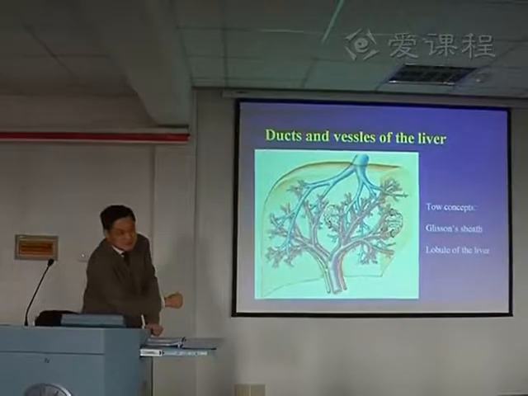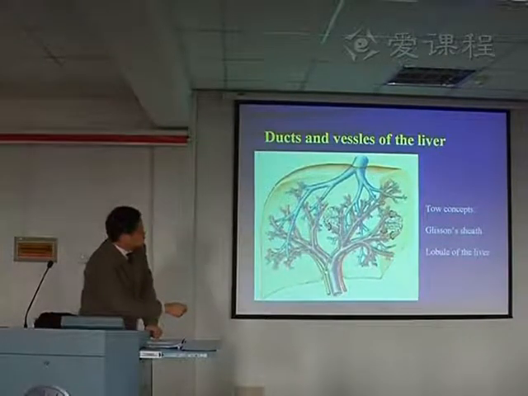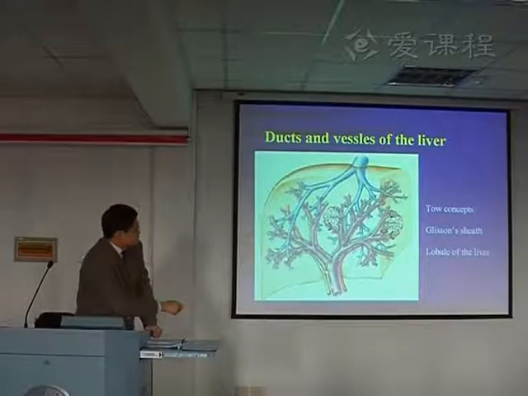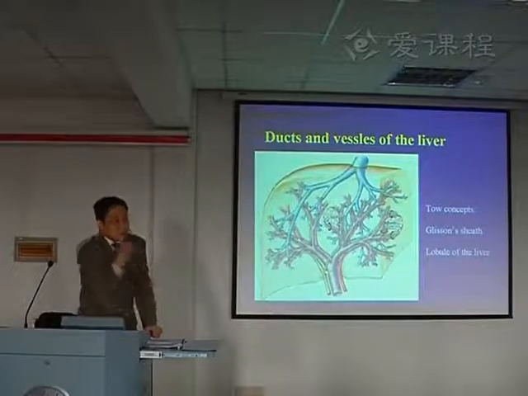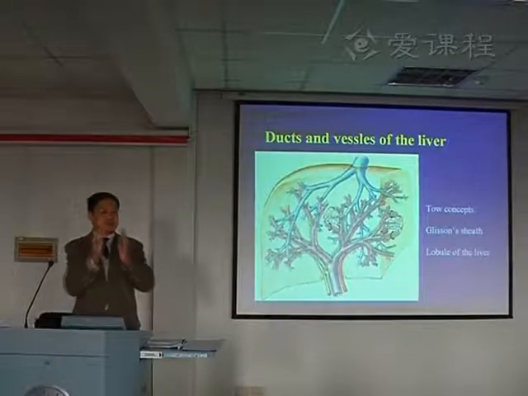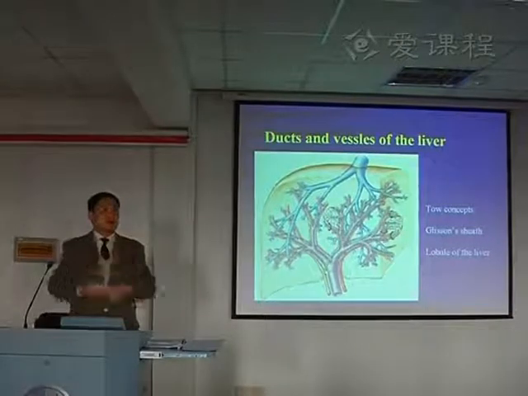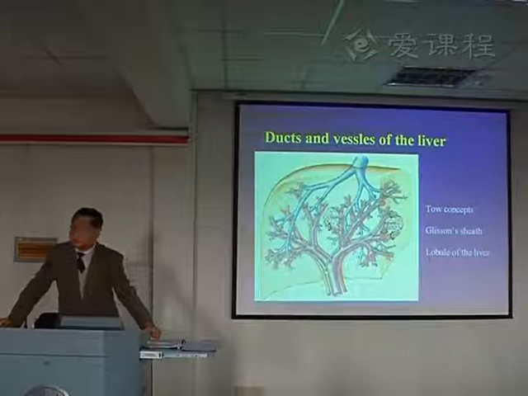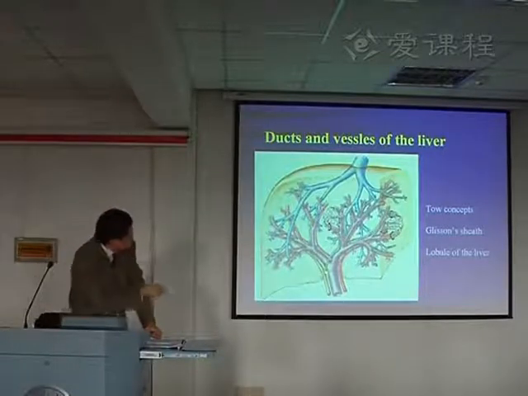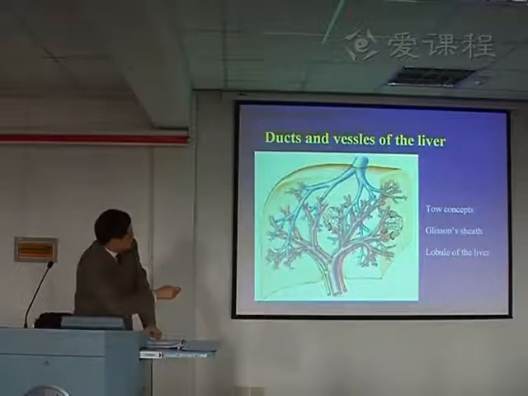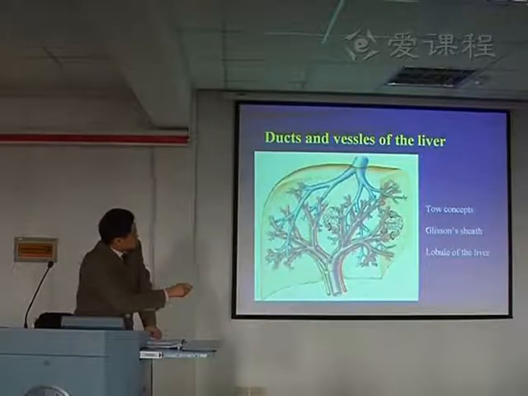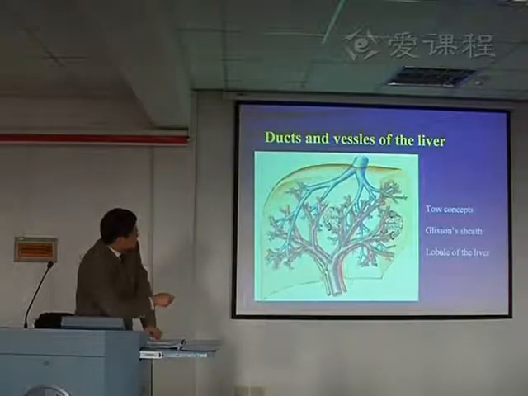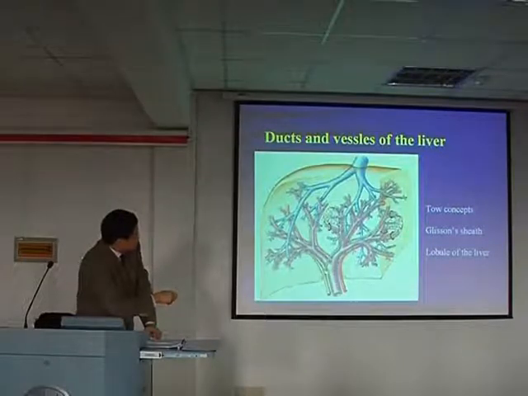Do you know Glisson's sheath? Glisson's sheath is the portal vein, the hepatic artery and the bile duct, three ducts with a capsule, a capsule of collagenous tissues. Glisson's sheath includes the bile duct, the portal vein and the hepatic artery.